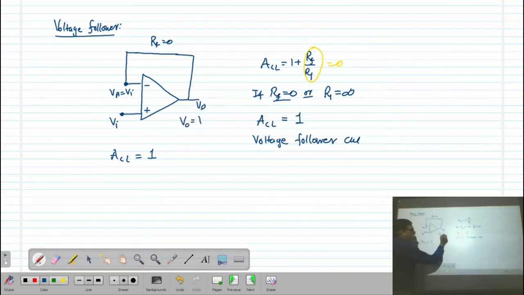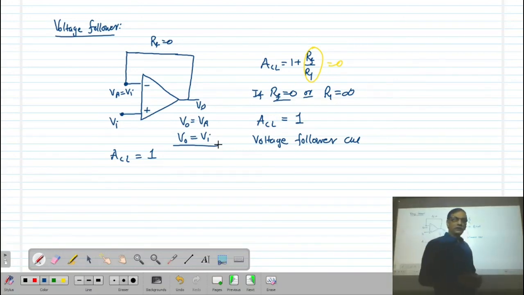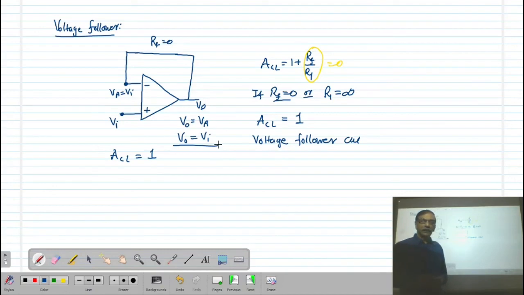So the voltage at the output terminal will be equal to the voltage at terminal A, and this Va is nothing but my input voltage. Whatever voltage we apply on the non-inverting terminal, the same voltage will be at the output. In other words, the output is following the input voltage, and that's why this is known as a voltage follower circuit.